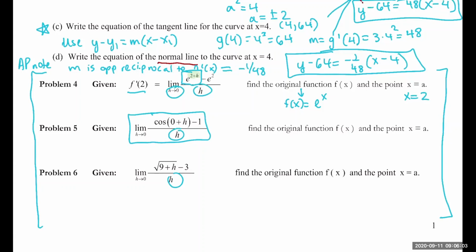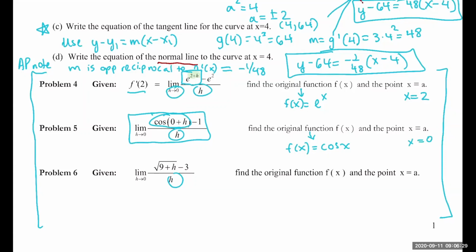Okay, so then I have to figure out, what's my original function? My original function, go back to where the f of x plus h part is, remove and replace 0 plus h with x, and my original function actually is just cosine of x. And then the point is, go back to the f of x plus h part and look at where x is. X is 0.